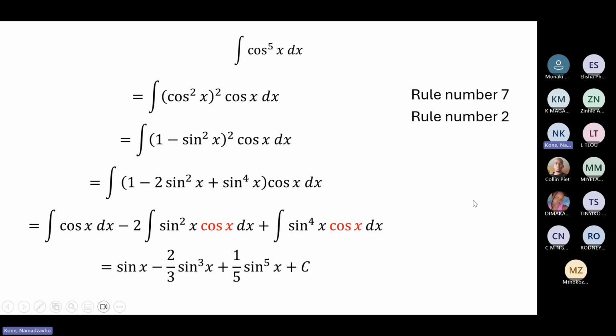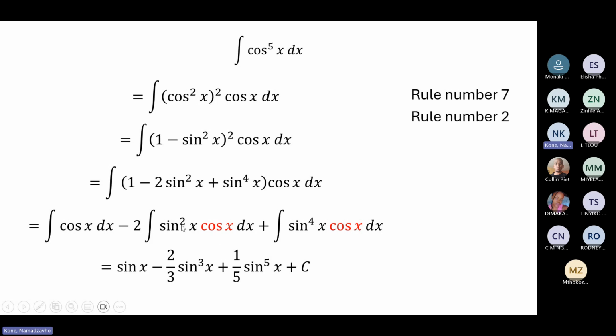You can see how easy these things are, as long as you know what you're doing. Number 1, importantly, you must create an opportunity for the general power rule. The general power rule says whatever is f of x must be accompanied by its derivative. And you made this happen here when you split this and have cos x. Then you just leave this one everywhere as it is until everything else that is there is written in terms of sine.